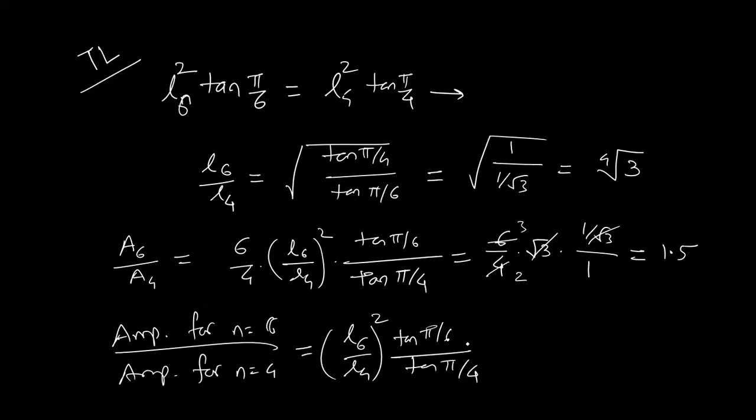And you can see this is unity, because we started from the same equation and are writing the same expression again. Ampacity is equal, which means the feeder is thermally limited.